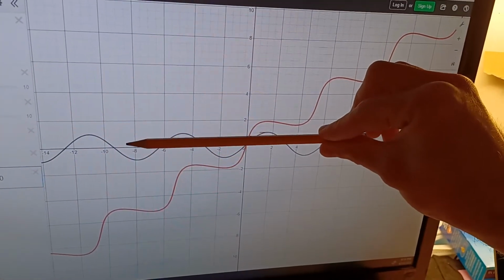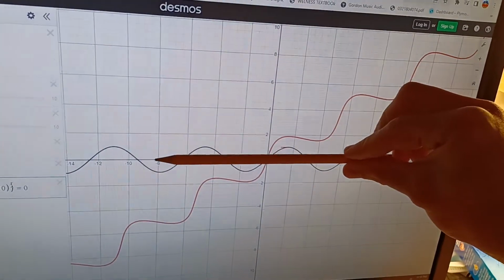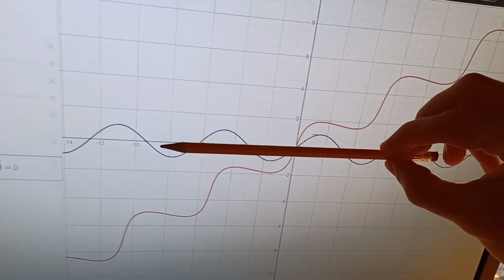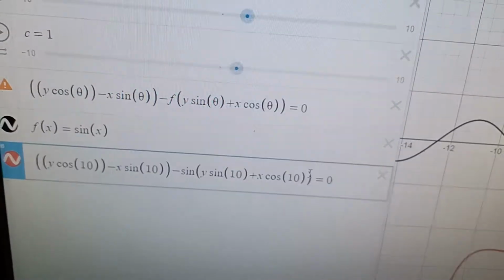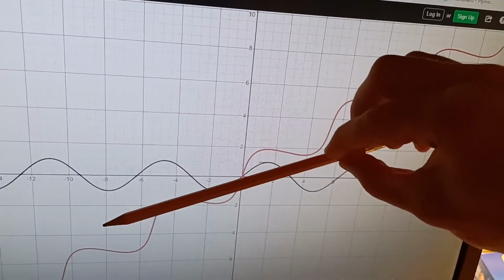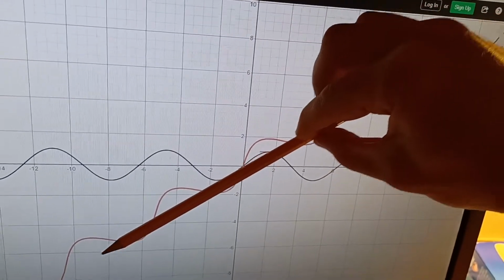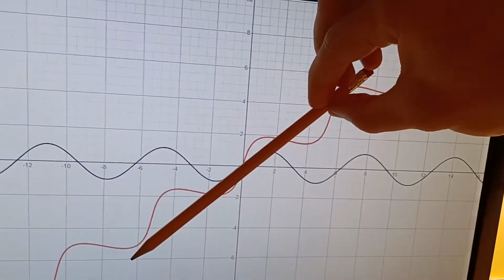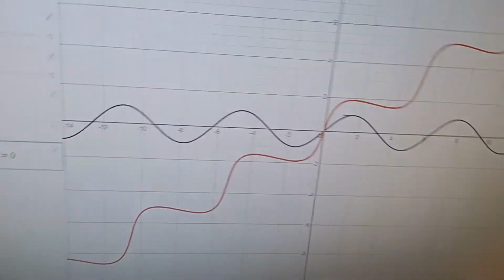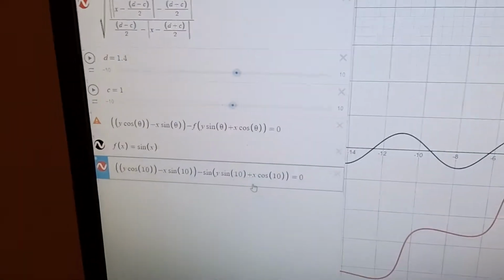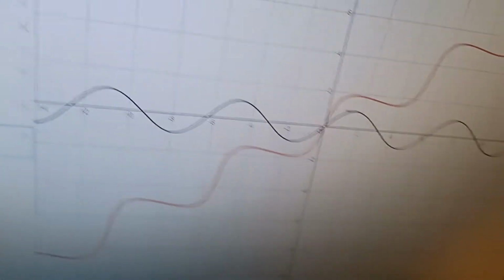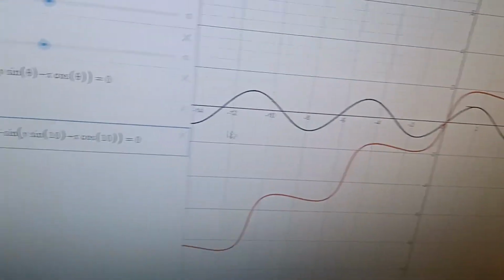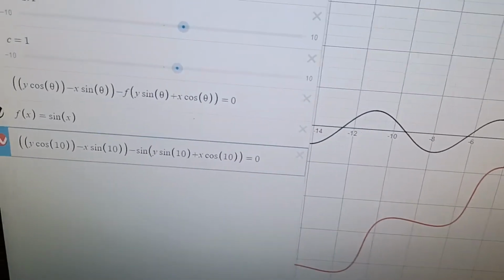Usually the sine graph follows along this axis right about here, but since we change all those thetas to 10s, there's a change of 10 degrees, which, now that I'm looking at it, is kind of weird. I think it's something like that. It's not fully accurate because I'm not a master in this kind of stuff, but that's the idea of it.